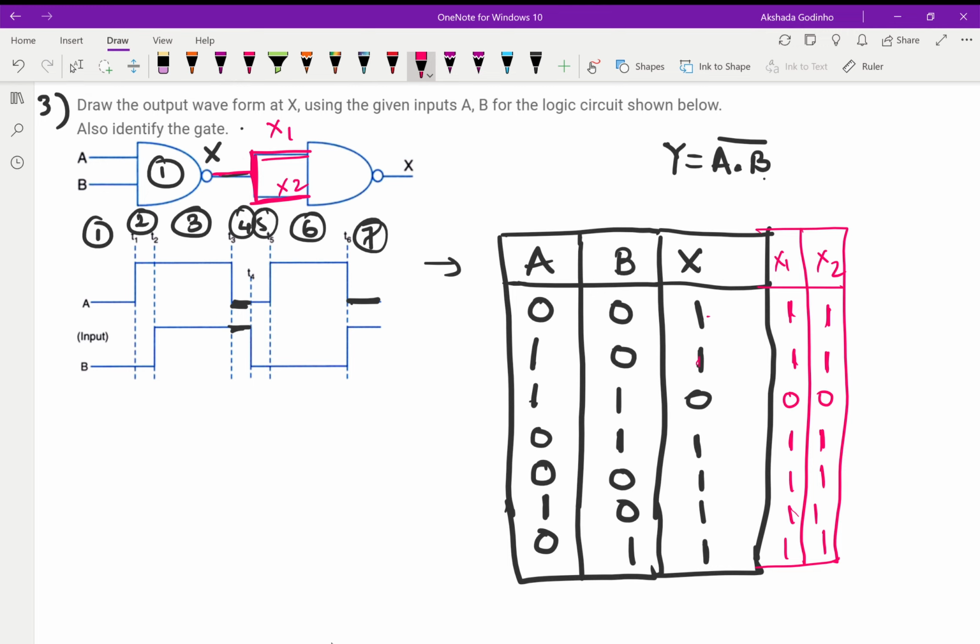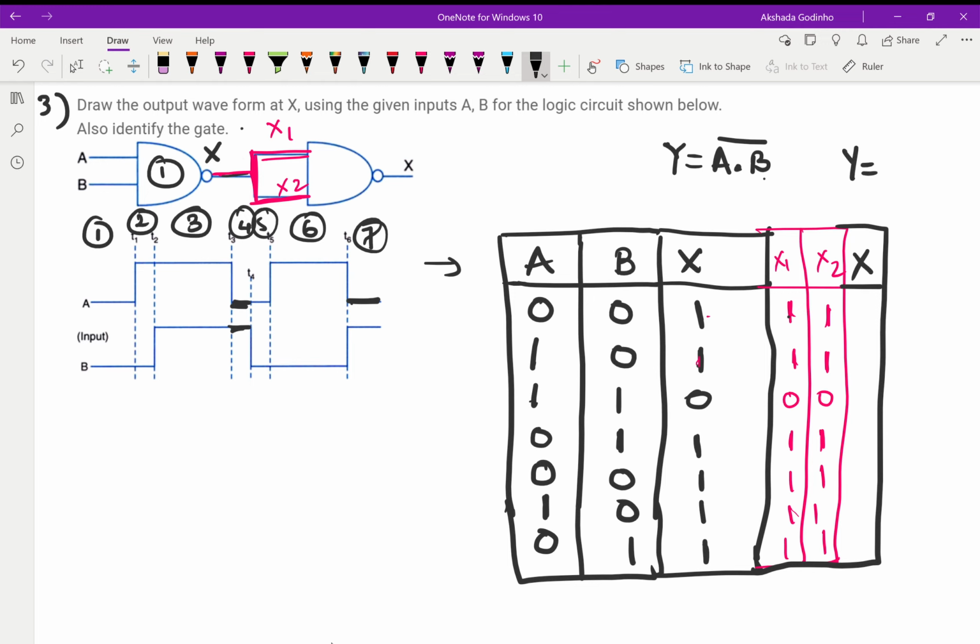And then what will be the output? So let's write the output for the final output. Okay, this is the main output. I shall draw this line very nicely. Yeah, much better. Let us do the final one, the value for X. Before that, you can also write the Boolean expression.